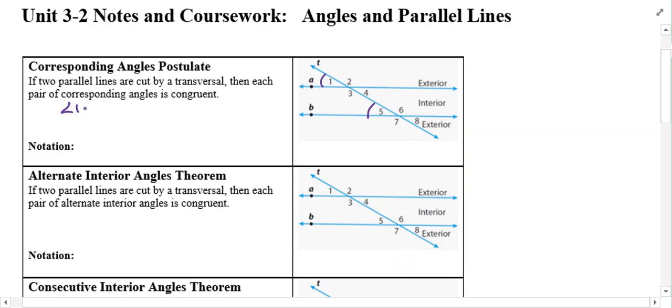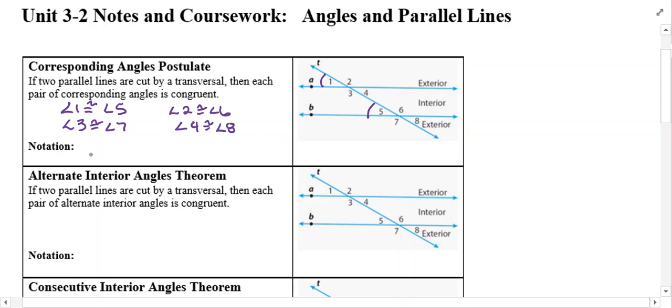So angle 1 is congruent to angle 5. Angle 3 is congruent to angle 7. Angle 2 is congruent to angle 6. And angle 4 is congruent to angle 8.